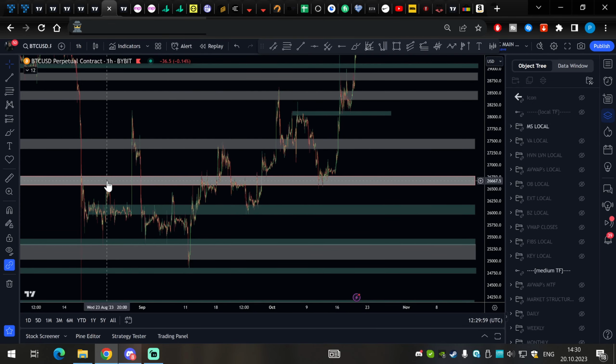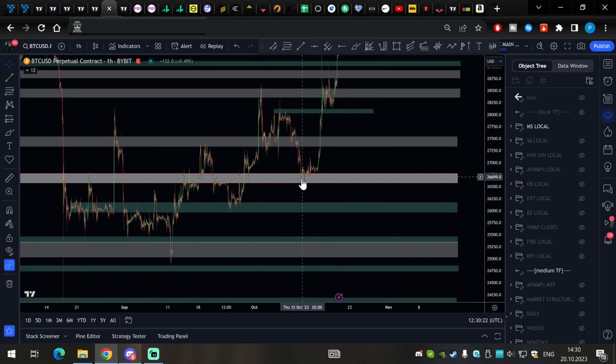Look at the rejections: 1, 2, 3, 4, 5 rejections in a row. So it's already telling me it's very strong resistance, but once the market finally flipped it into support, look at that wick here into it, now we've got a big bounce. So this market structure is absolutely key to hold if you want to continue with higher highs and higher lows and hold the beautiful structure Bitcoin had.